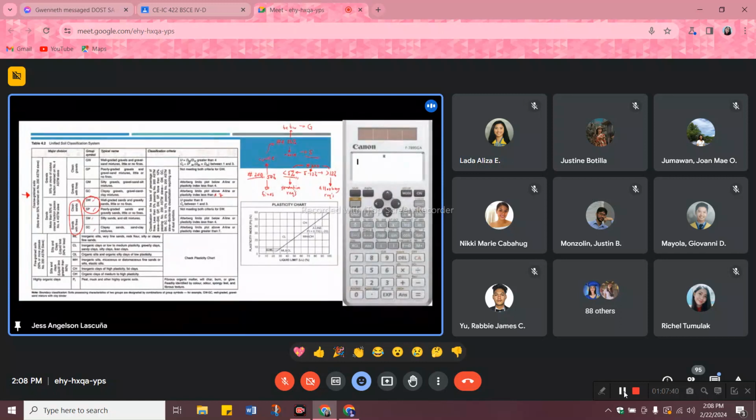So how to determine if it is W or P, well graded or poorly graded?